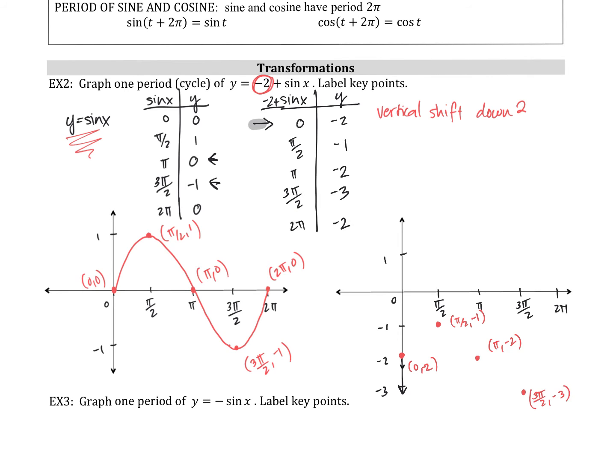And lastly, at 2 pi, we have negative 2. Okay, so once again, this is what I would expect to see for transformations on an exam, the amount of work. So labeling these main key points for sine, and there we go. We've graphed a transformation. It went down, vertical shift down of 2. So label the directions, and then label the points.